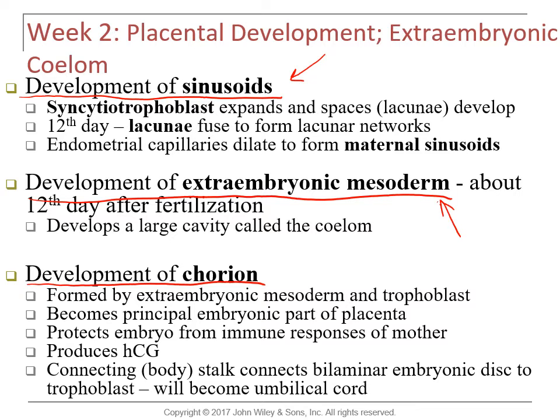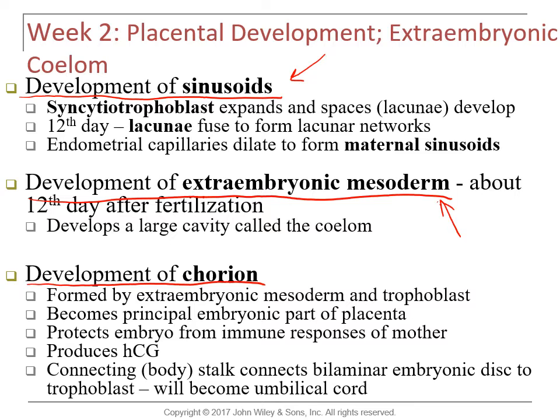About the 12th day after fertilization, the extraembryonic mesoderm develops. These mesodermal cells are derived from the yolk sac and they form a connective tissue layer, which we call mesenchyme, around the amnion and the yolk sac. Soon, a number of large cavities develop in the extraembryonic mesoderm, which then fuse to form a single larger cavity called the extraembryonic coelom.